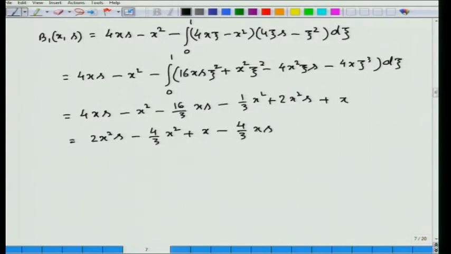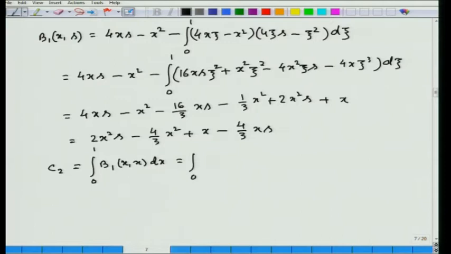So, this is our B1(x, s) that we have calculated, and as we know the expression for B(x, s), we can calculate C2 equal to integral 0 to 1 B1(x, x) dx.